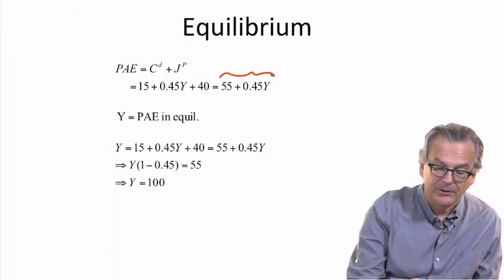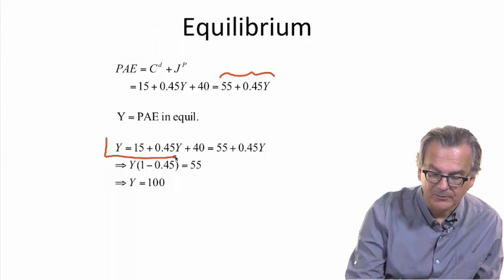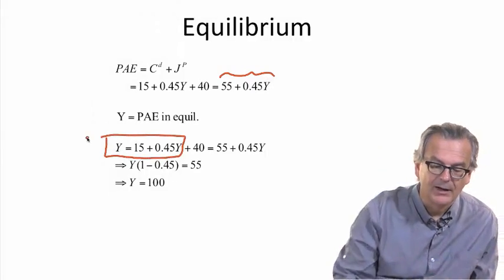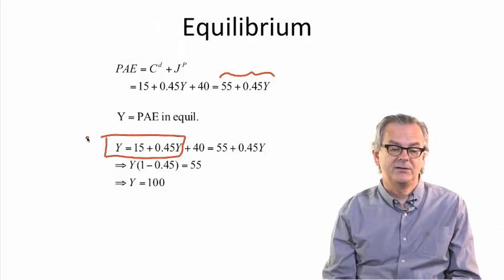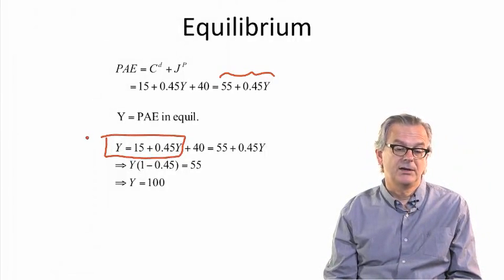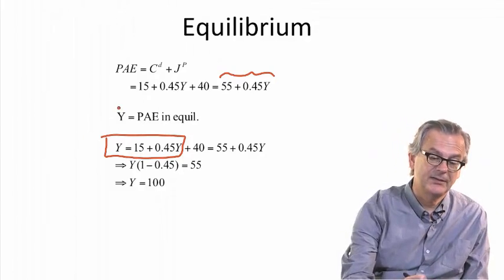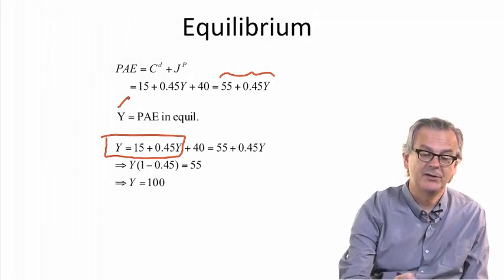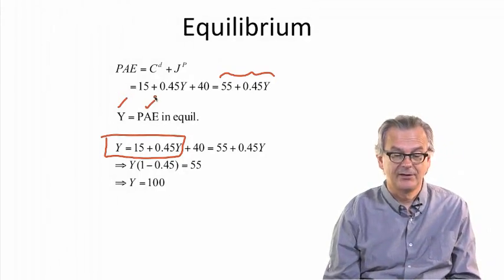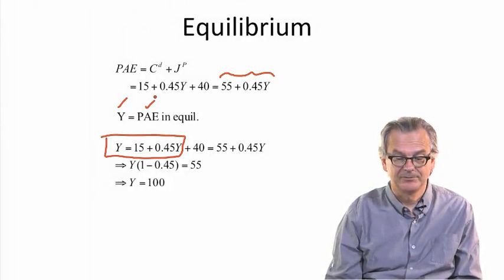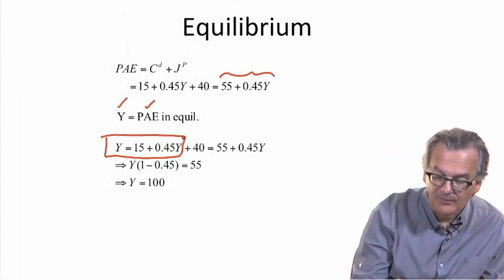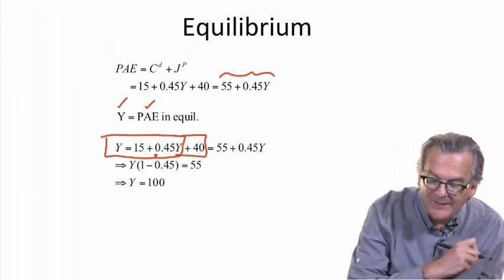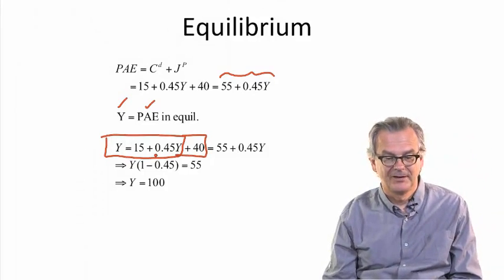So in equilibrium, this must be true. So what you're really looking at is an algebraic way of saying in equilibrium we must have GDP equivalent to planned aggregate expenditure. Apologies, we should add the extra 40 there as well.